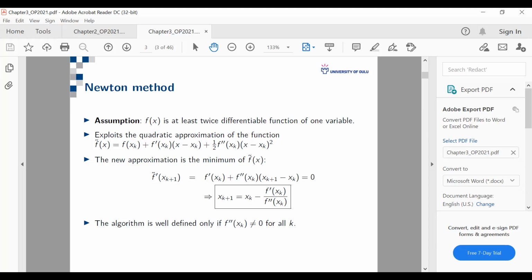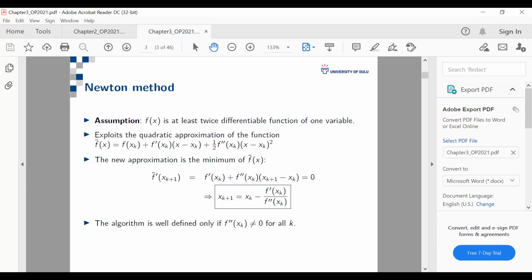And xk plus 1 is the point where the derivative must vanish. When you solve this equation, you get the iteration: xk plus 1 equals xk minus f prime divided by f double prime. So the derivative is divided by the second derivative at the point xk.